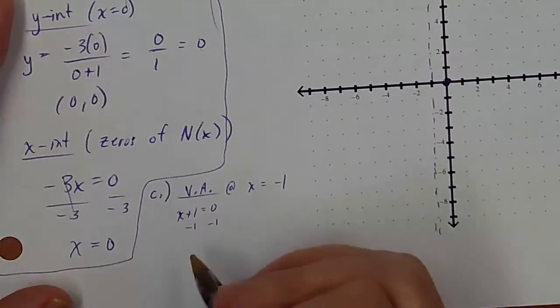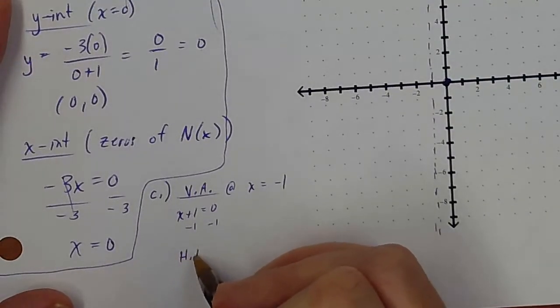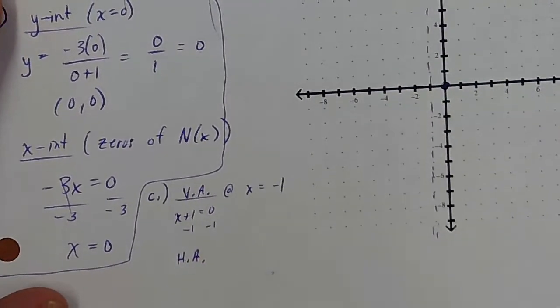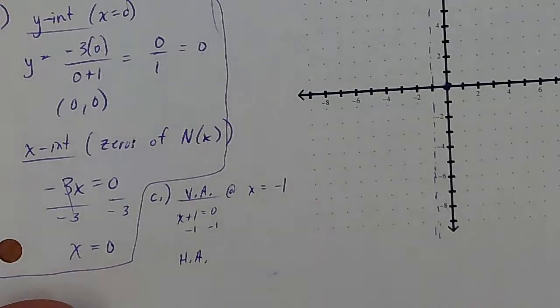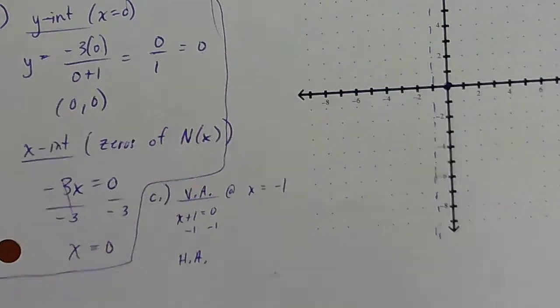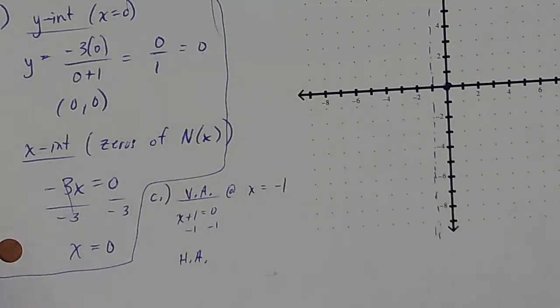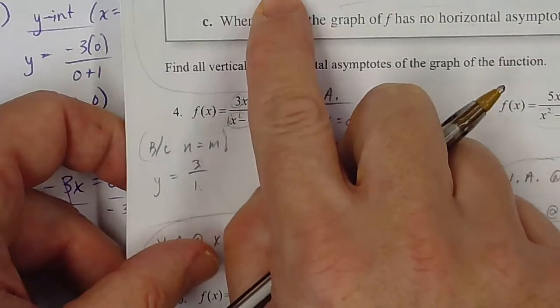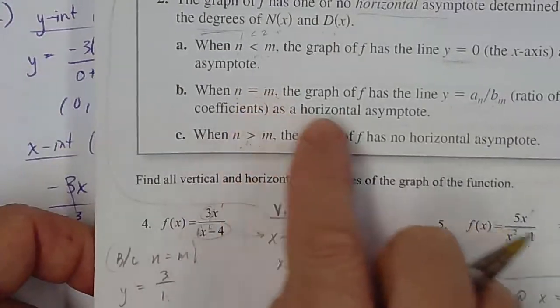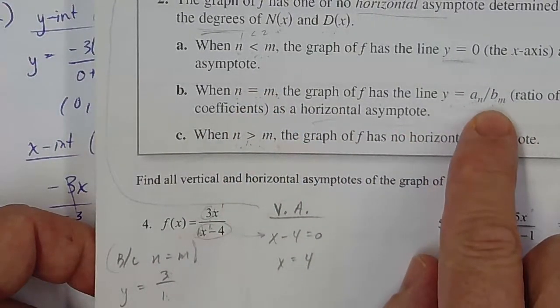Okay, what about horizontal asymptotes? Okay, when the degree is the same, reminder of this here, if I find my notes on the horizontal asymptotes. Remember, when the degree is the same, which is what we have right now, we divide the leading coefficients, meaning there won't be a slant asymptote.